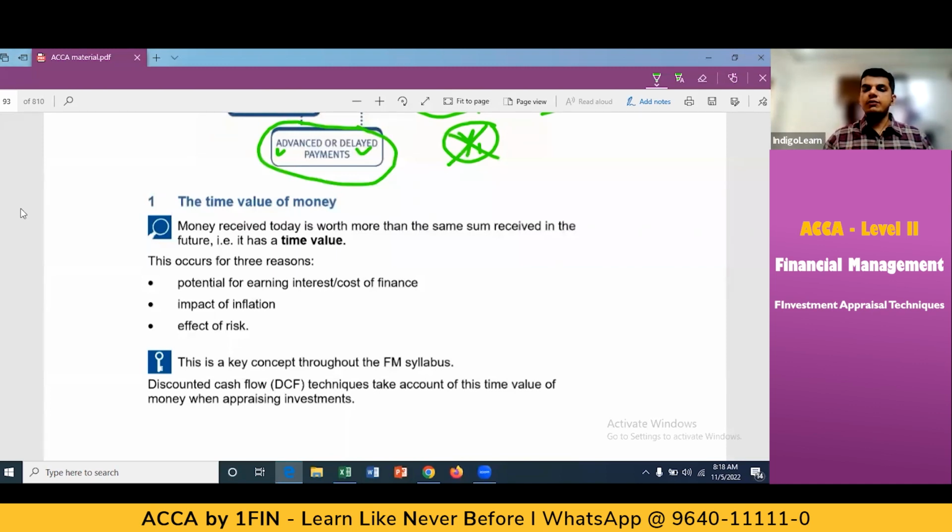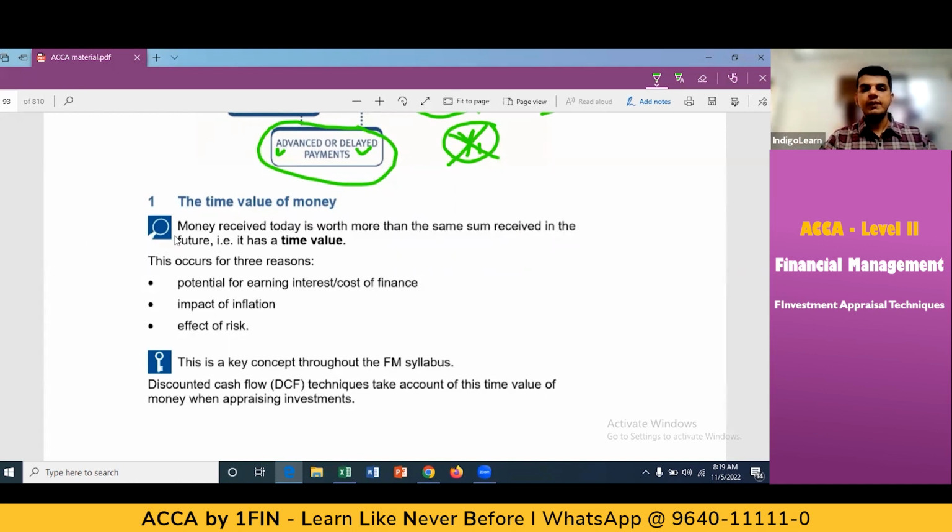Because when you receive something after a year or after 2 years, whatever the period, you lose the purchasing ability of that amount. Plus, there is a risk involved in it. And third, you lose the opportunity income that could be earned on that amount if you had invested it somewhere else.